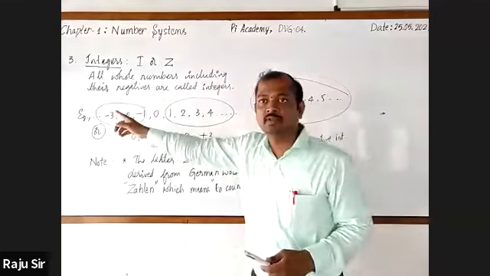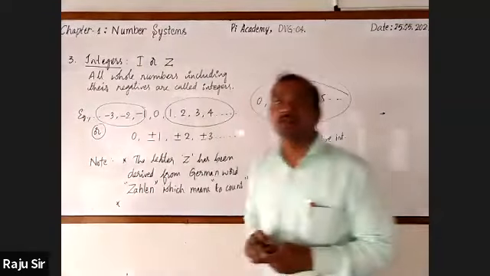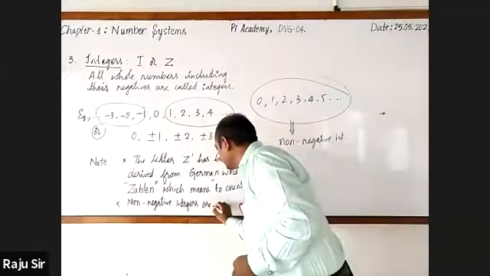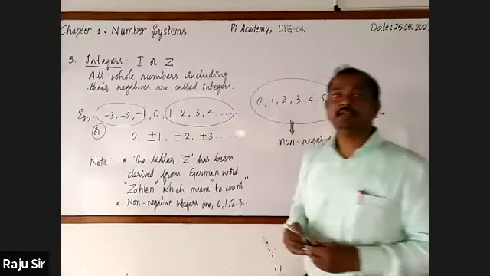Except negative, so 0 will also be included. So note down that as second: non-negative integers are 0, 1, 2, 3, and so on.